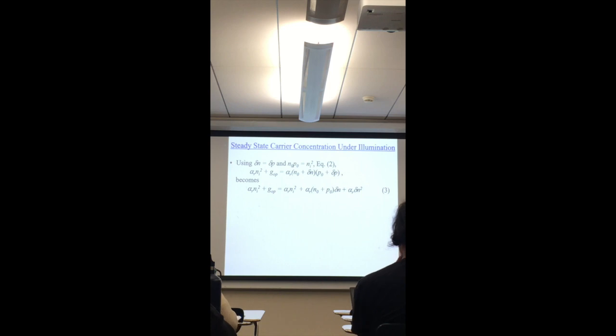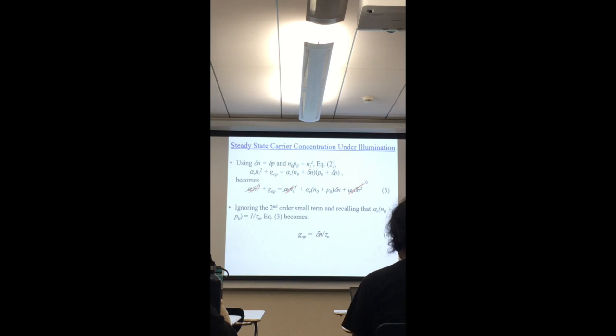Okay, so for this equation, again, as we discussed before, because this delta n squared is a second order term, right? It is small as compared to the equilibrium term, so we can ignore this higher order term. Okay, and also we can see these 2 terms cancel out, right?